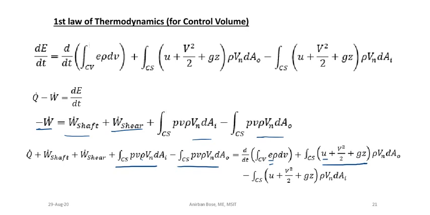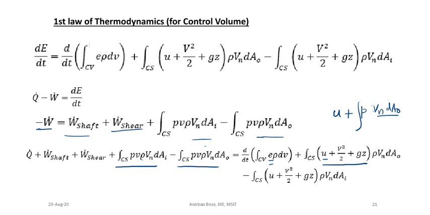Now if you take these flow work terms to the other side and club them with the inlet and outlet integrations, then this U along with P into velocity into dA, suppose this was one of the terms, and here again V_n and dA are there, basically P will remain there.